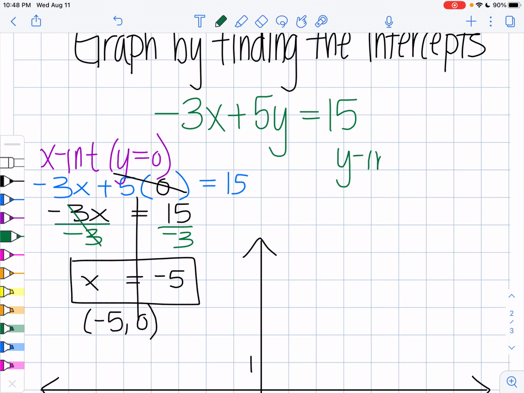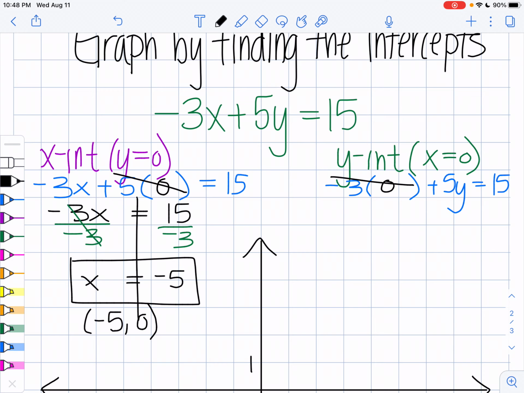Okay, then I want to find my y-intercept. My y-intercept occurs when x is equal to 0. So I'm going to make up my skeleton. So I have negative 3, this time I'm plugging in a value for x, plus 5y is equal to 15. But remember, we're plugging in 0, and 0 times anything is 0, so this just goes away.